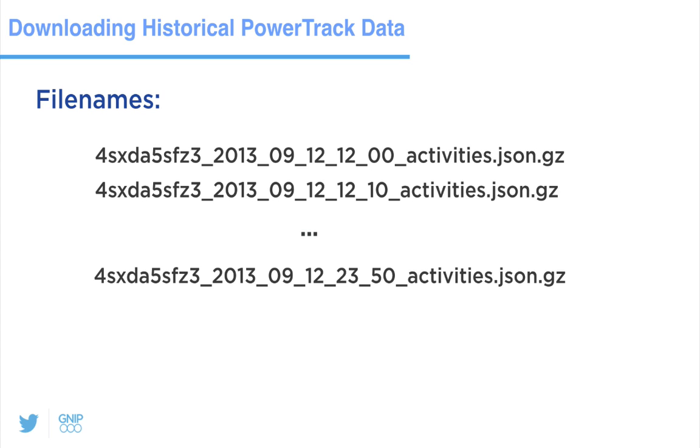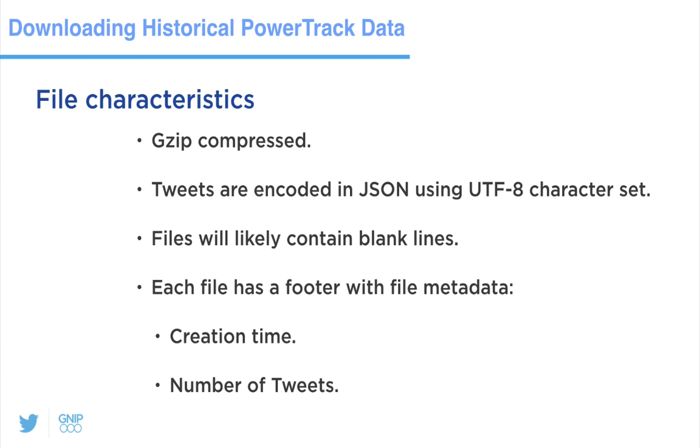Another thing to note, as mentioned before, these files contain JSON data and they are gzip compressed. So when you uncompress these, you will end up with just a file that ends in JSON. And here are some important characteristics of these files. Again, they are gzip compressed. The tweets are encoded in JSON using the UTF-8 character set.